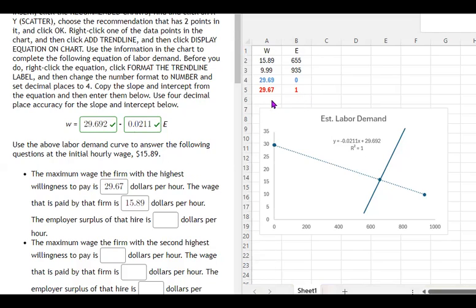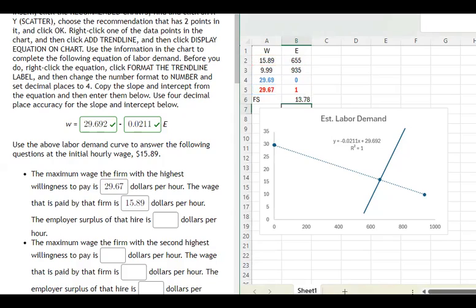And what we'll do is calculate the employer surplus down here. I'll call it firm surplus or producer surplus. Firm surplus is going to be the market wage subtracted from the wage they'd be willing to pay that particular employee.